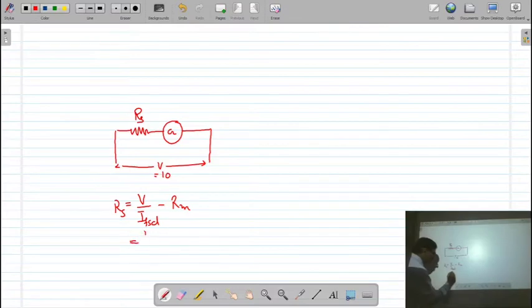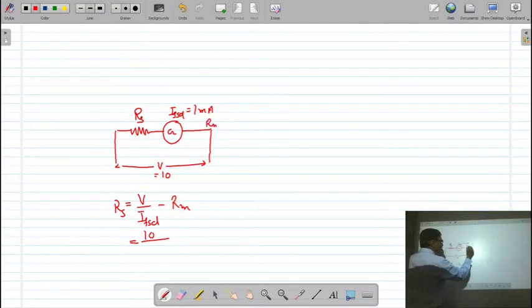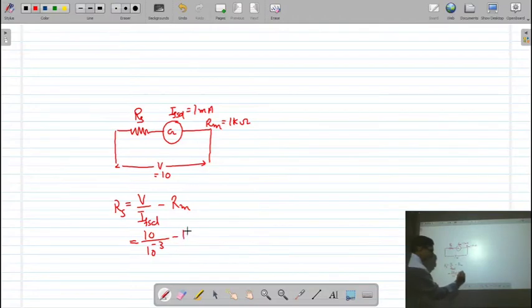Then if you calculate, this is 10 volt, and IFSD of this meter is, let us say, 1 milliampere. The resistance is 100 ohm, or let us say it is 1 kilo ohm. Then 10 divided by 10 raised to minus 3, minus 1 kilo ohm.